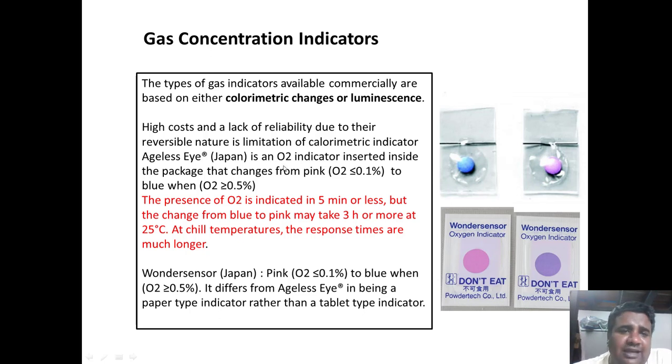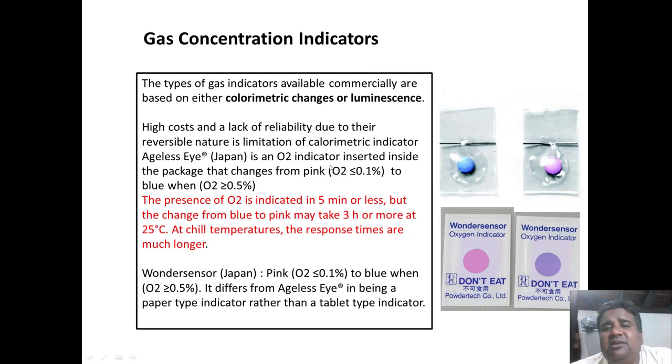In case of the Ageless Eye indicator, there is a problem with it, I'll explain later, but before that I'll explain this Wonder Sensor. Here again it will remain pink if the oxygen concentration is less than 0.1%, and it will turn to blue if it increases to 0.5%.